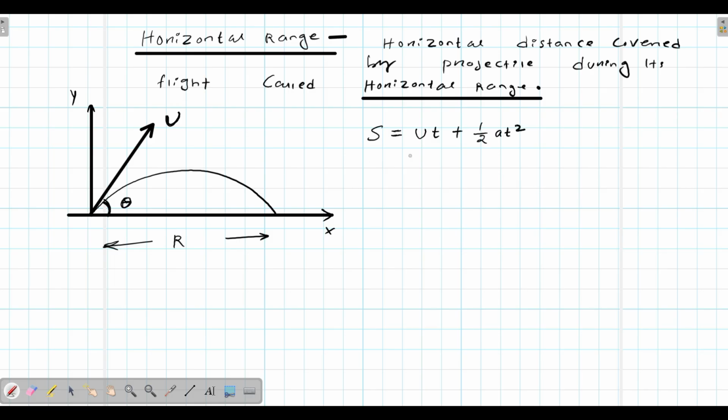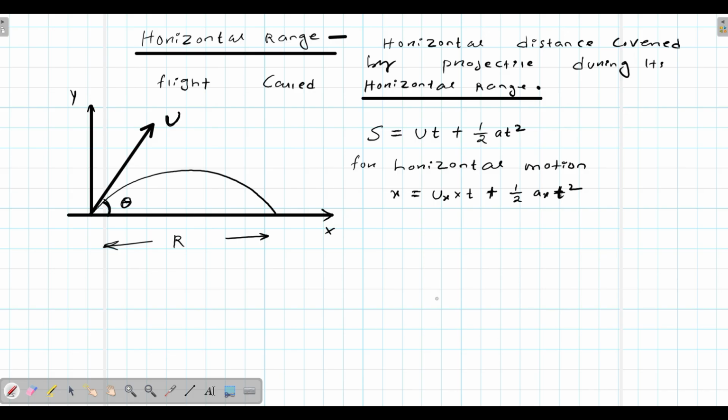For horizontal motion, x equals ux into t plus half ax into t square.